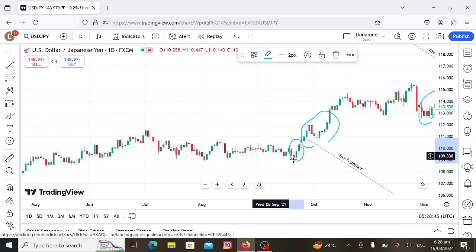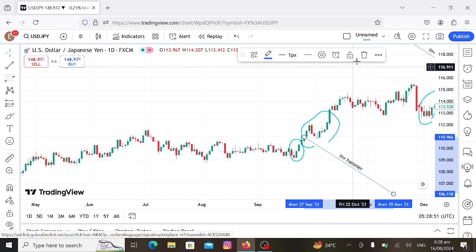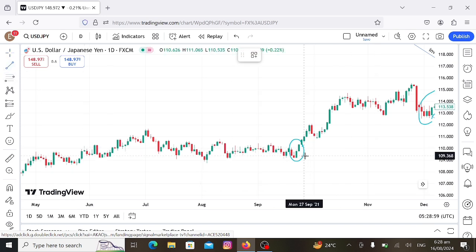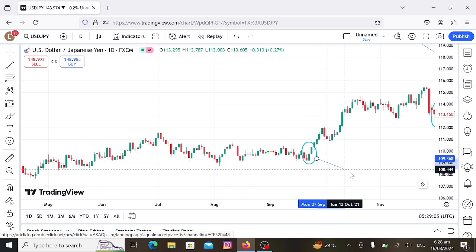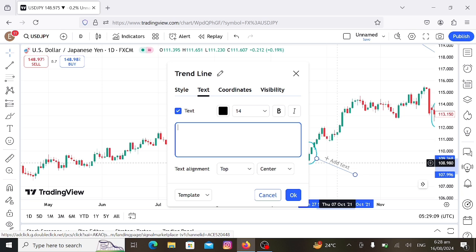This is an engulfing. Let me label it. Let me take this off first so I will not confuse you. Alright. So this is an engulfing. So on your own, you try to spot this as an engulfing.